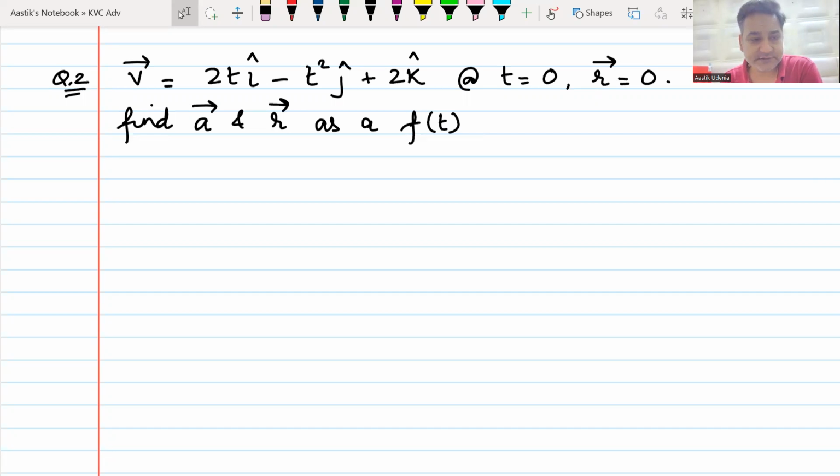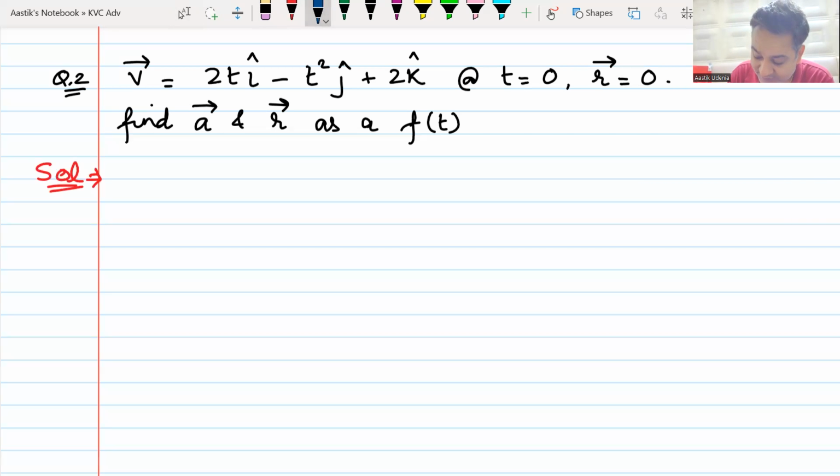Acceleration is t i cap minus 2t j cap. Something you have mistaken, beta. Try it again. I'm sure you can do it. The simple derivative.